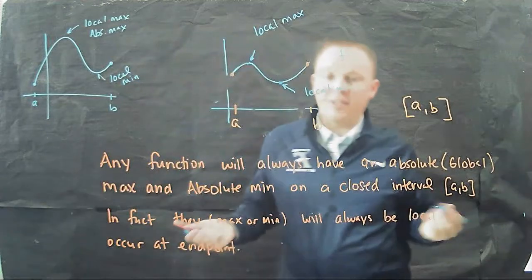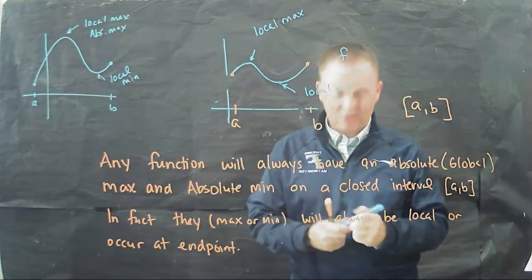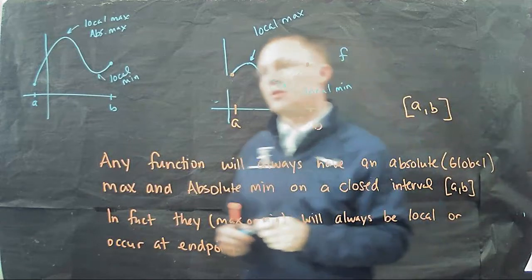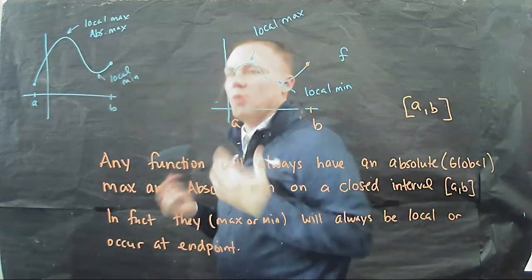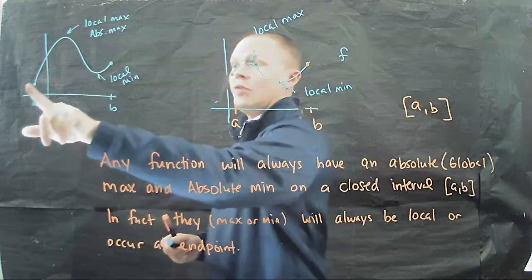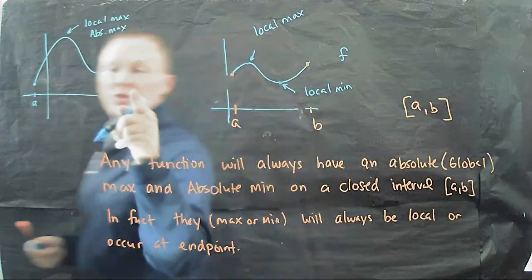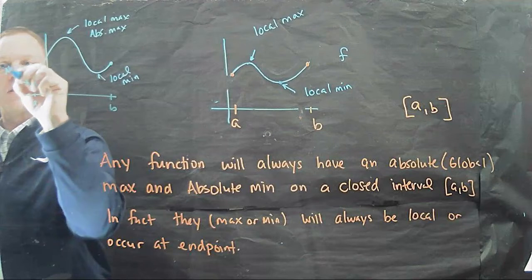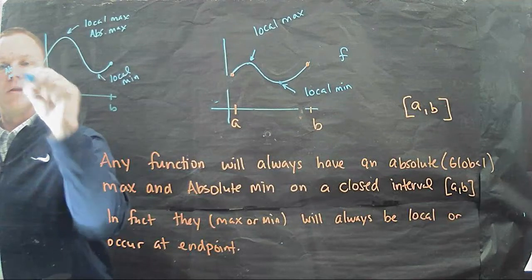Technically a local min is when you have just that low point where the derivative changes from negative to positive. But is this local min the smallest y value that the function ever has on this interval? No, over here at A. So even though this is the local min, right there is the absolute min. Okay?